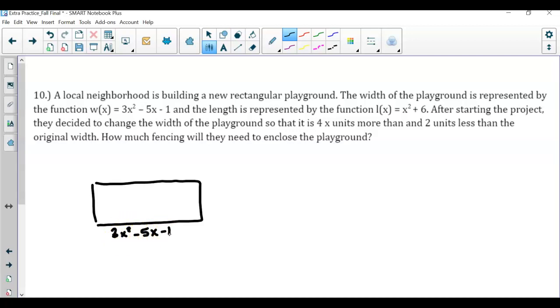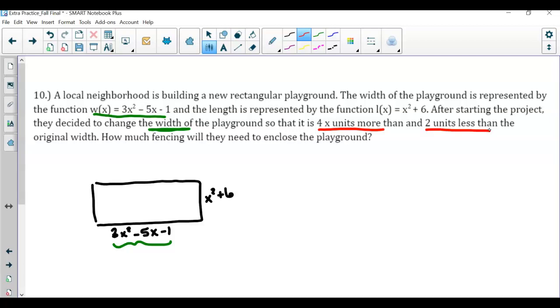And the length is represented by this function here, x squared plus 6. But after they started the project, they decided to change the width. So we're going to change the width here, which was our 3x squared function, so that it is 4x units more than and 2 units less than the original width.